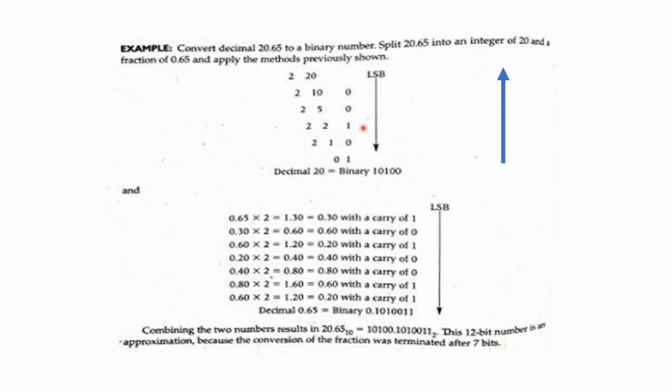So 1, 0, 1, 0, 0. And then after, you get the decimal. For example, here it's 0.65. You just multiply it by 2 and get the remainder and so on. How do you get the binary? It's from top to down. So that's why 0.65 is 1, 1, 0, 0, 1, 1, etc.